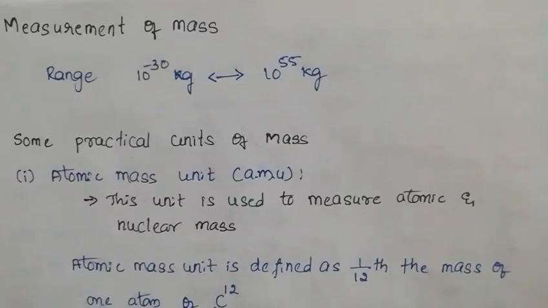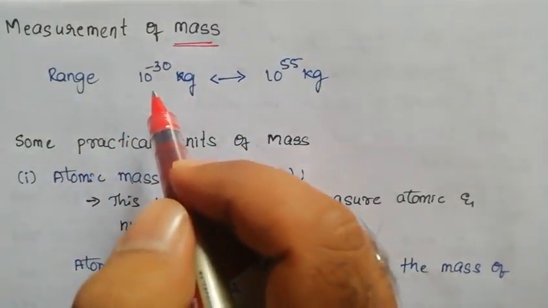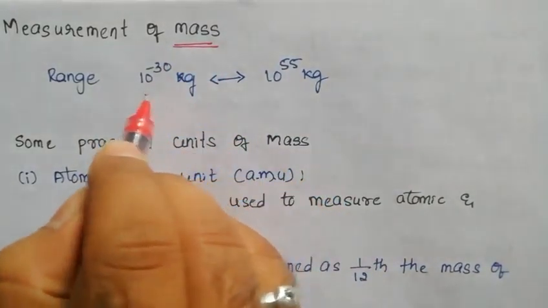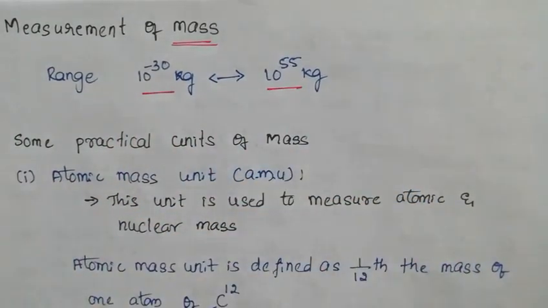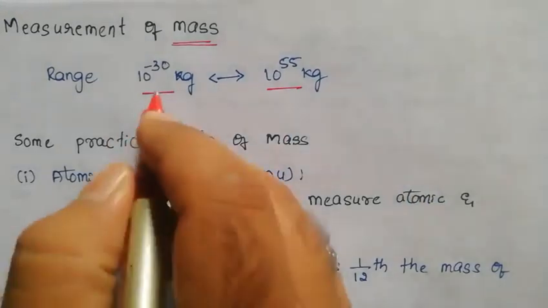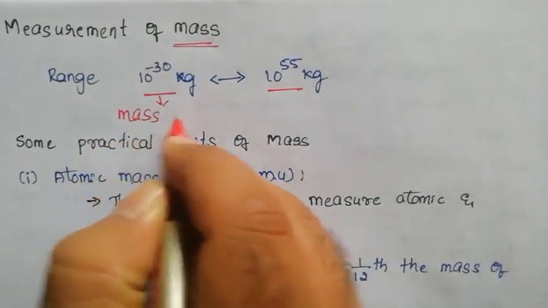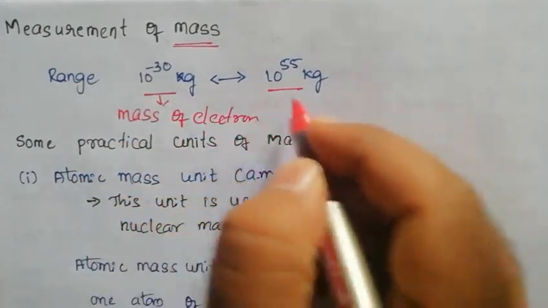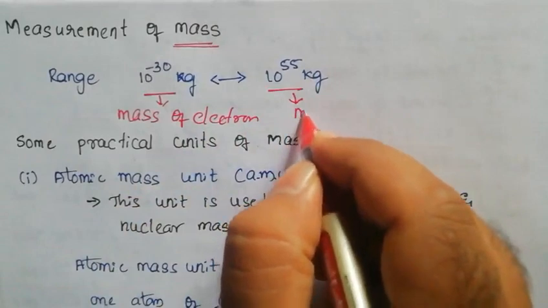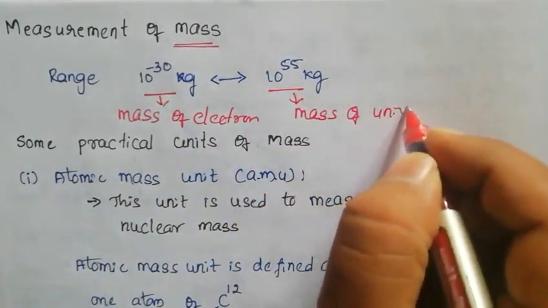Now we look at one more thing, that is measurement of mass. The range of mass is from 10 power minus 30 kg to 10 power 55 kg. What is 10 power minus 30 kg? It is about the mass of an electron. And 10 power 55 kg is the mass of the universe, the biggest thing we know.